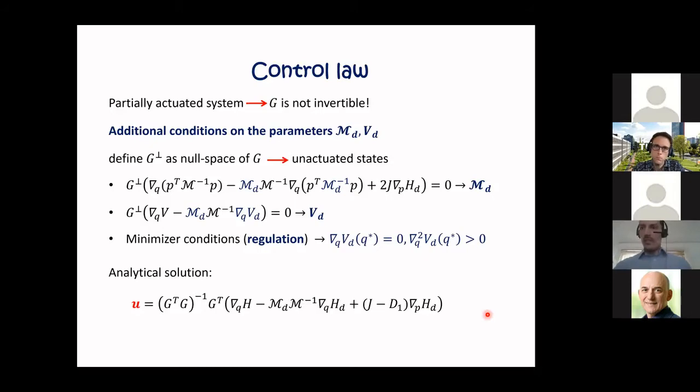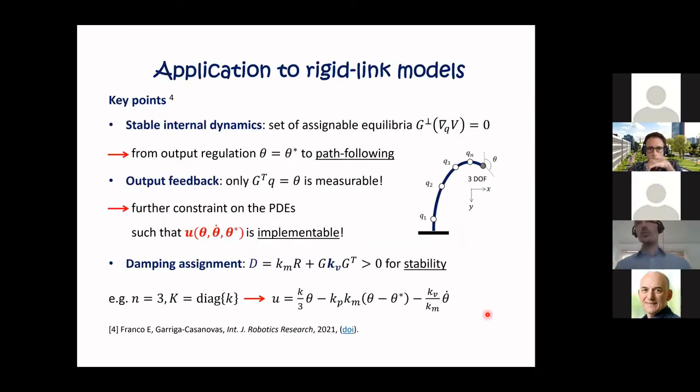So let's see now how we can apply these methodologies to rigid link models. Here, my aim is to highlight some key points, some of which I think have already been discussed through the day. The first is related to the internal dynamics.